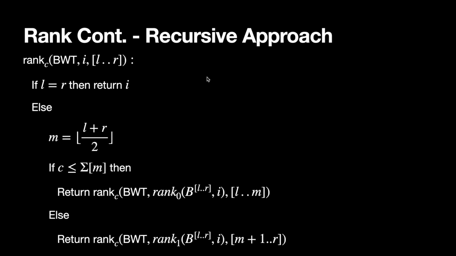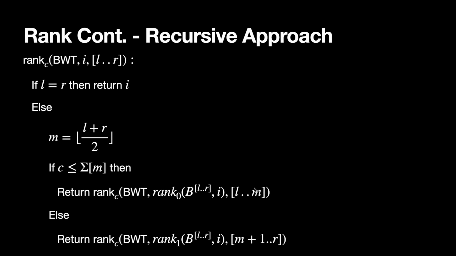And what that looks like is we are going to be considering the same BWT, the same character, but in this function call you can see we pass in the rank of 0 because by convention the left child is connected to its parent with an edge which is labeled 0. And we're going to be passing into that B, L, R, i, and then L up to M. So it's like we're considering the left portion of the string.